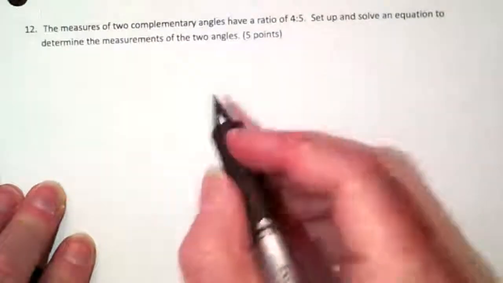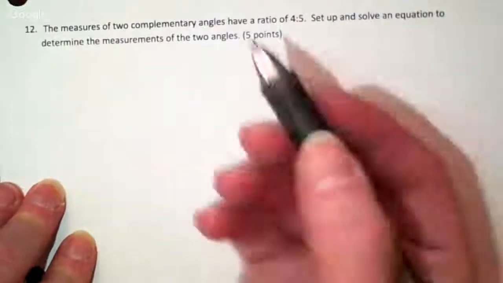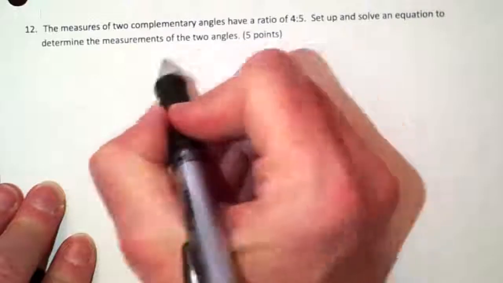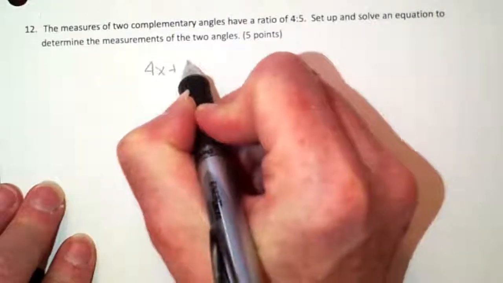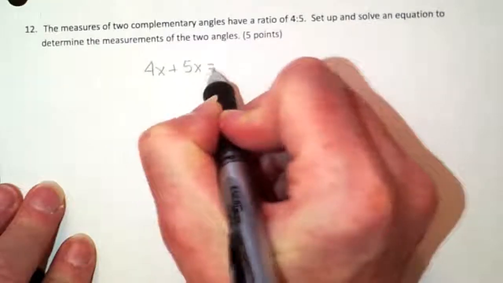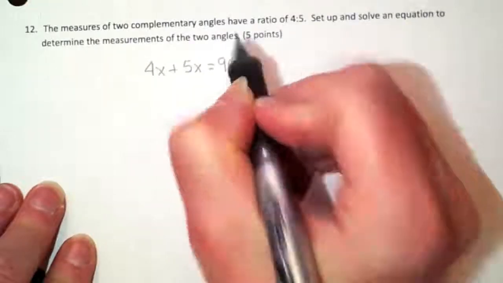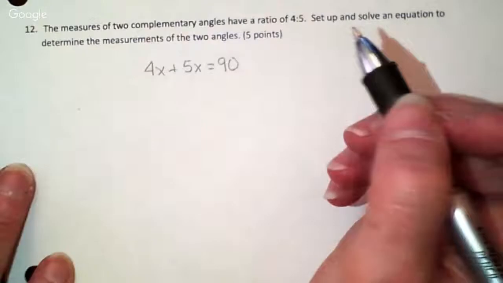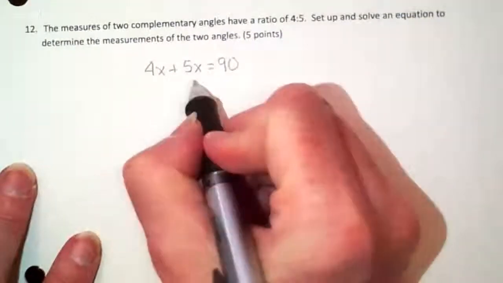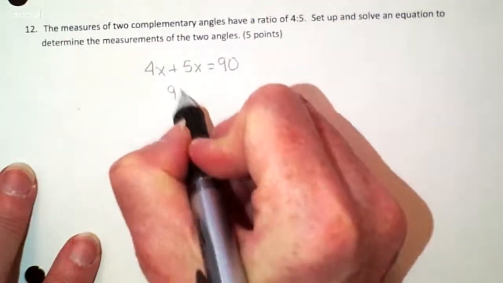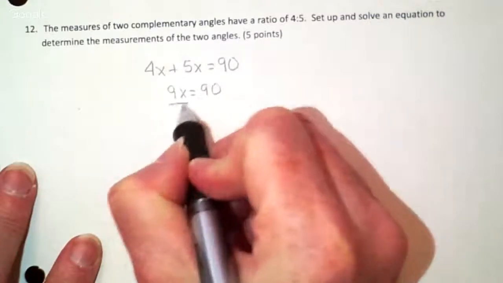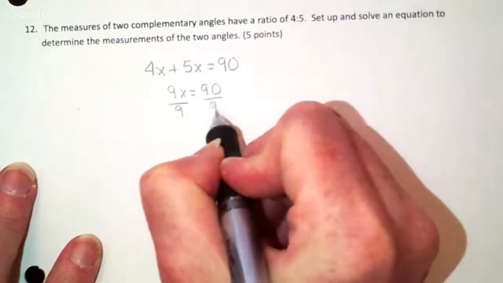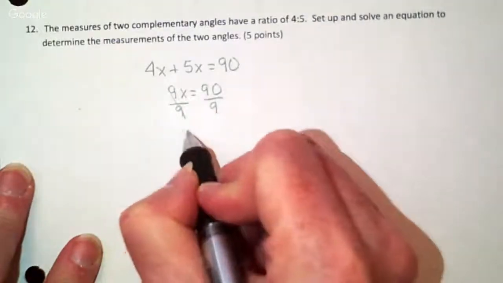So we have 4x plus 5x equals 90 degrees. So we're going to add these together. So we've got 9x equals 90. Divide both sides by 9. X equals 10.